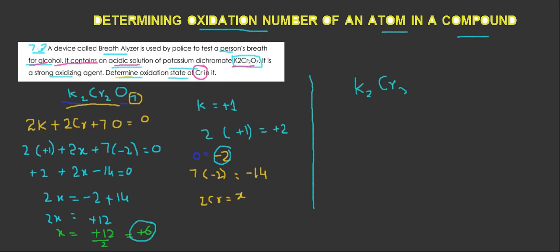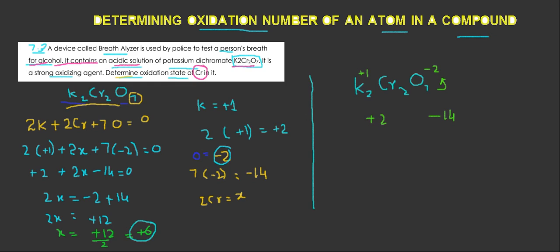Cr2O7. As you know that the charge on potassium is +1, so it will be +1. For oxygen the charge is -2, so once you multiply 7 by -2, it will give you -14, and once you multiply 2 by +1, it will give you +2.